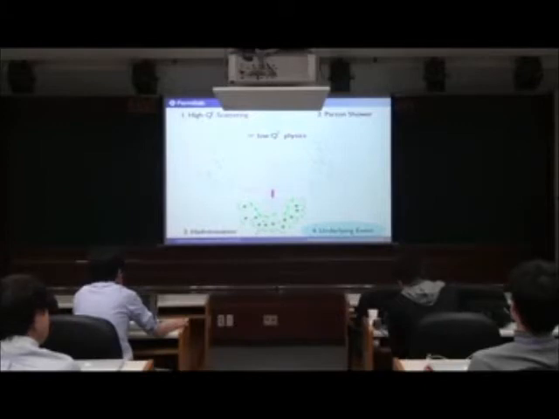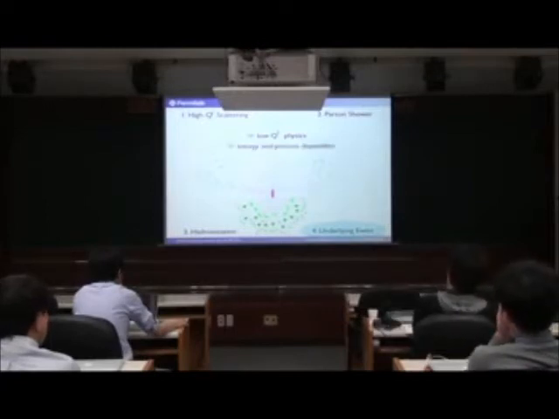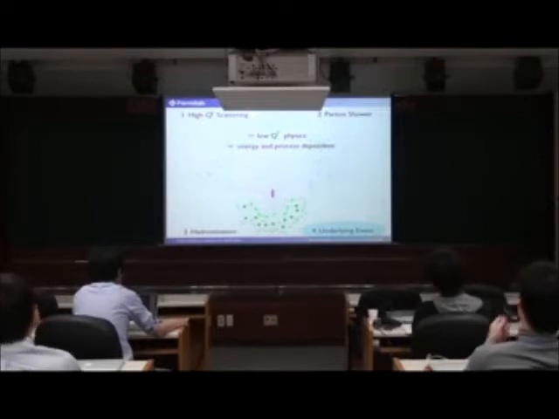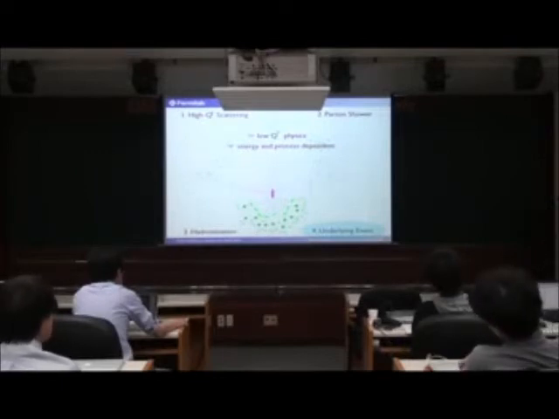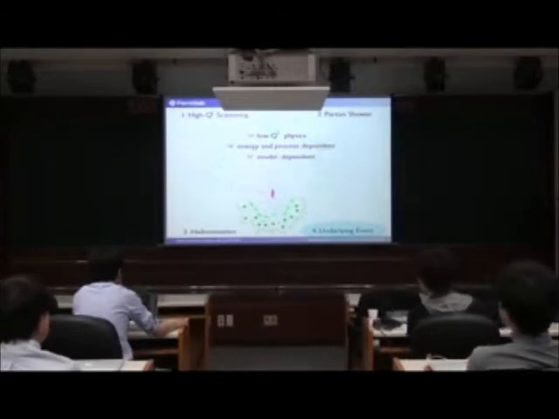So this is in general very low Q-squared physics. This is process dependent because it's dependent on the energy of the high Q-squared scattering. And there are a number of models for how to simulate this that are different. So it's a model dependent description.